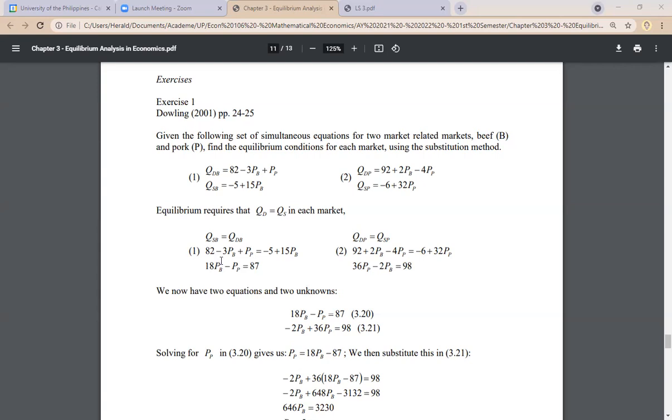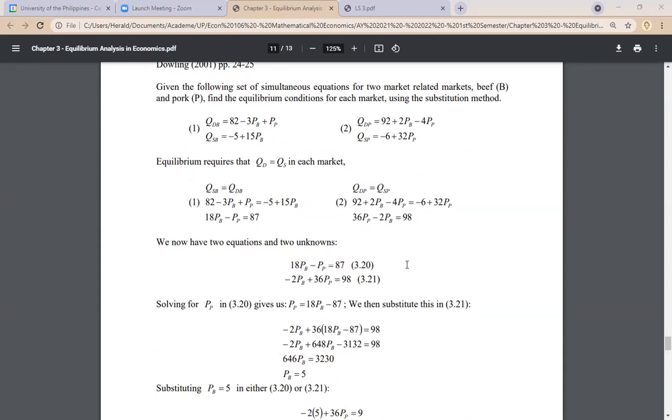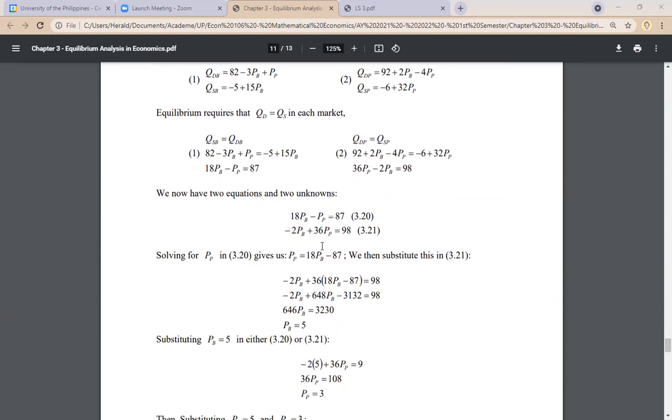We also did the same for the market for pork, equating these two equations and then reducing it to a single equation. Now we're left with two equations and two unknowns. So again, this is the equation for the market of beef. This is the equation for the market for pork.